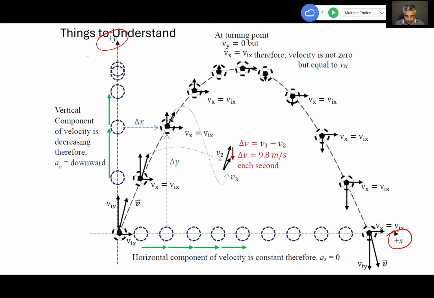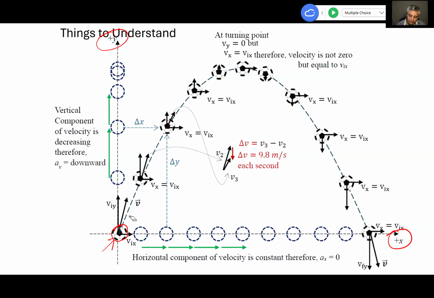When we throw something at an angle, let's try to follow this ball here. It was here, let's say it was kicked something like this. It goes there in the first tenth of a second, and the second tenth of a second it goes there, and so on.